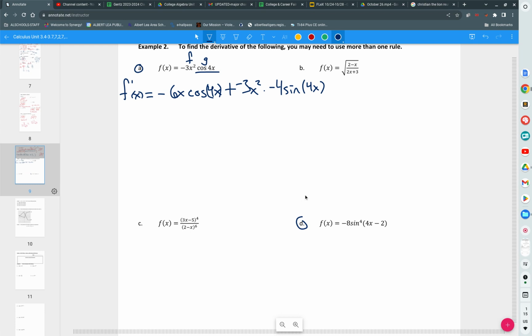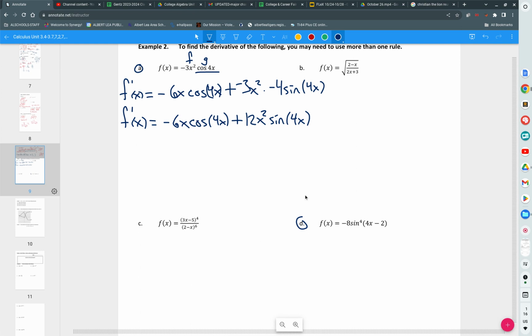Y'all good with that? Okay. So that means that the derivative of f is equal to negative 6x times cosine of 4x. Is it plus or minus? It's a plus 12x squared sine of 4x.